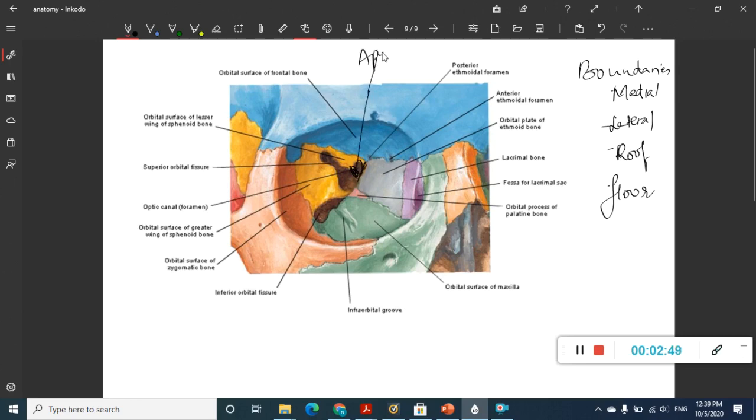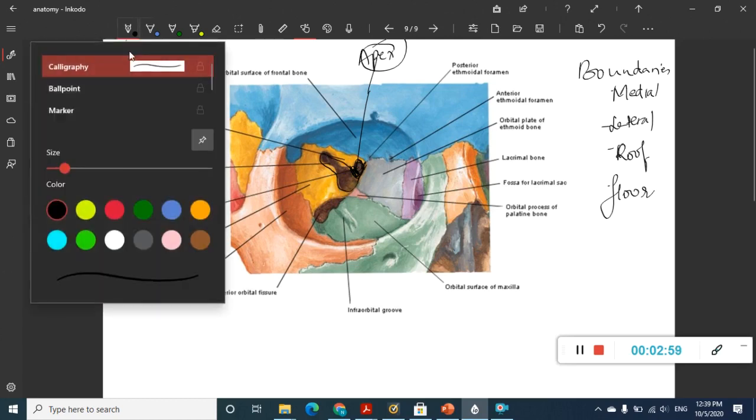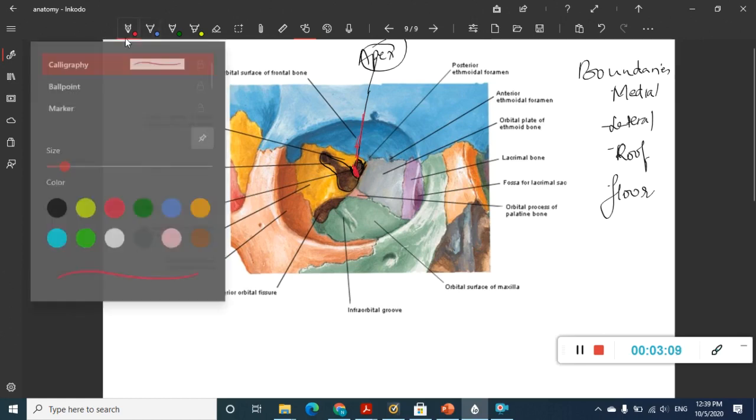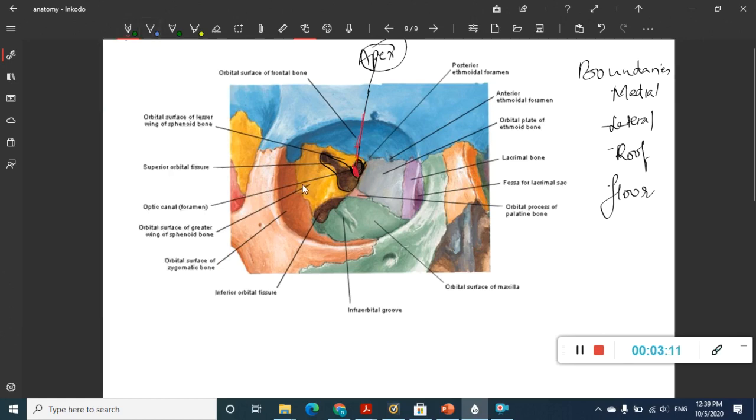This is the part which is called the apex, which is present between the optic canal and the superior orbital fissure. So this part which is present in between is called the apex. Now, taking this apex as the landmark, we will divide this orbit into different parts, so different boundaries actually.